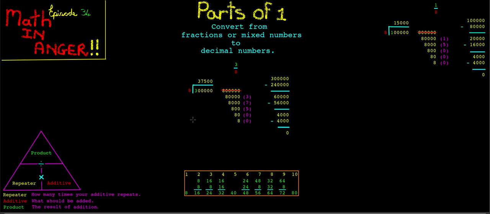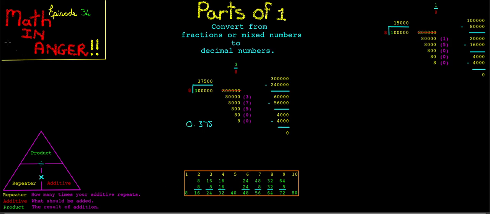So I can say 0.375. There is the decimal representation of this proper fraction. What happens if you have a whole number as well? There you go. You take your whole number part, write it down, and all you did is calculate the fractional part, and that's your decimal number.